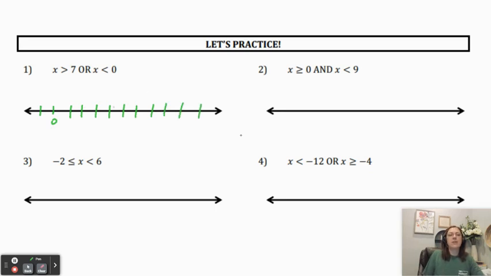So 1, 2, 3, 4, 5, 6, 7. We'll draw an open circle, and we want greater than, so we're going to go this direction. Okay, then we'll do x is less than 0. So again, we're going to put an open circle at 0, and we want less than, so we're going to go this direction. Now, it's an or, a type 2 inequality, so we're not looking for overlap, so we're just going to shade on that number line.